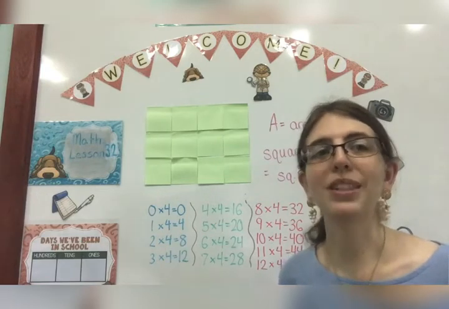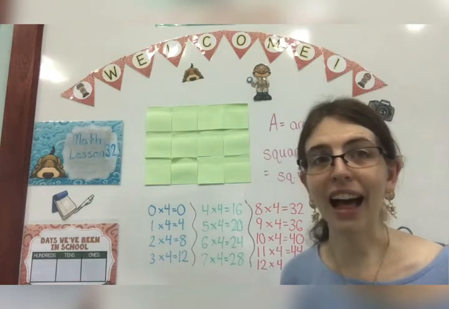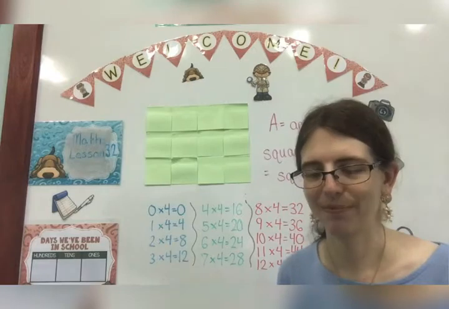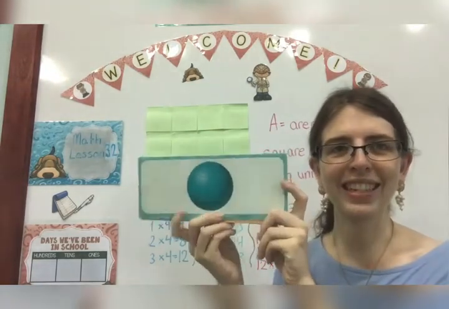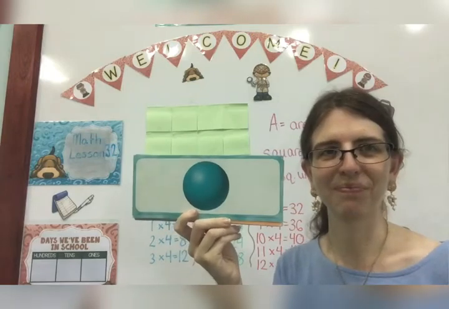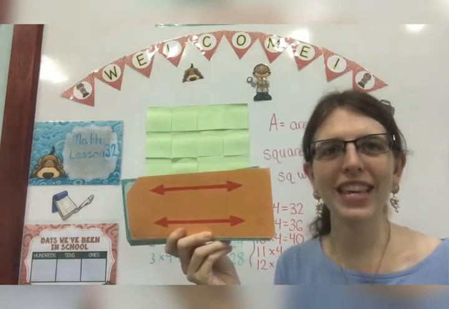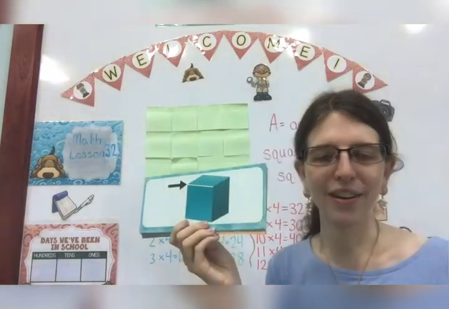So let's review some of the shapes that we've learned, both our flat shapes and our solids, the ones that have length, width, and height. Here we go. What is this solid, Hade? It's a sphere, that's right. What are these? George? Parallel lines.